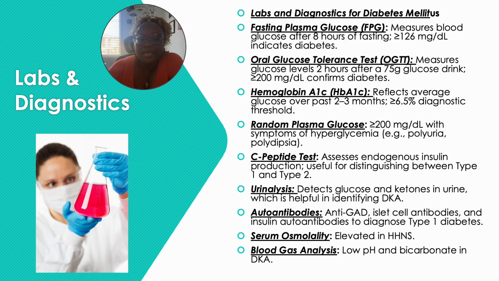Your C-peptide test assesses endogenous insulin production, useful for distinguishing between type 1 and type 2. So this particular test, the C-peptide test, this one is to assess between the two types, type 1 and type 2.